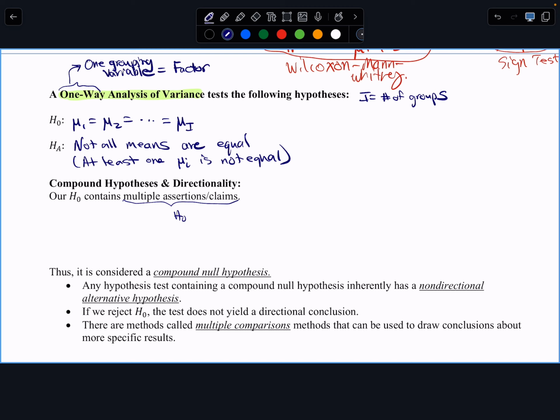So when I have H naught, mu1 equals mu2 equals mu3, I'm saying that mu1 equals mu2, mu2 equals mu3, and I'm saying mu1 equals mu3, all right? I'm making three separate claims with that one null hypothesis, all right? So instead of that being a regular null hypothesis, we start to call these compound null hypotheses, all right? Like a compound sentence has more than one statement, right? So we have a compound null hypothesis.